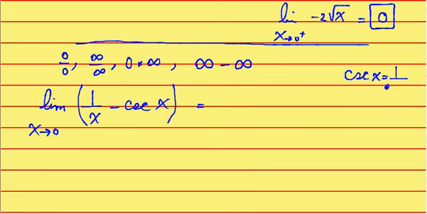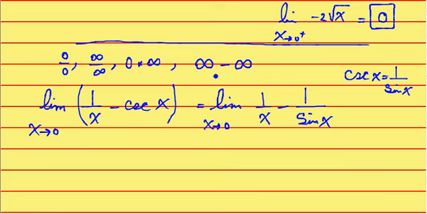Cosecant of x is the same as 1 over sine of x. Sine of 0 is 0. 1 over 0 is going to be infinity, so that is going to be infinity minus infinity. In fact, let's go ahead and write this thing in terms of sine. It'll be a little bit more clear as to what it is. 1 over sine of x, x is still going to 0.